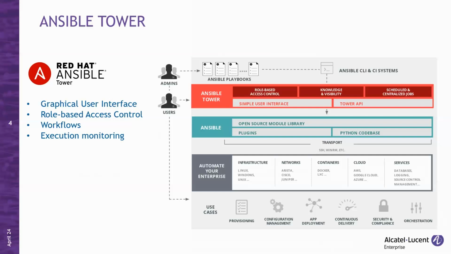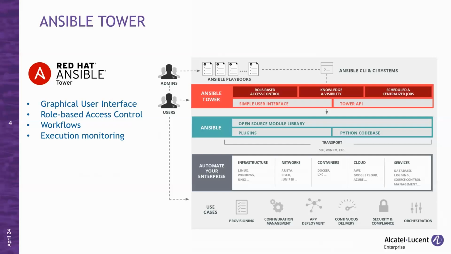To be clear, you are still running Ansible under the hood, but Ansible Tower adds a few extras on top of Ansible. Unlike plain Ansible, Ansible Tower is not free, but if users are not experts in coding and need to be guided through a graphical workflow, or if role-based access control is a requirement, then this cost can be justified. With this very brief introduction, I hand it over to Matthias for the demonstration.